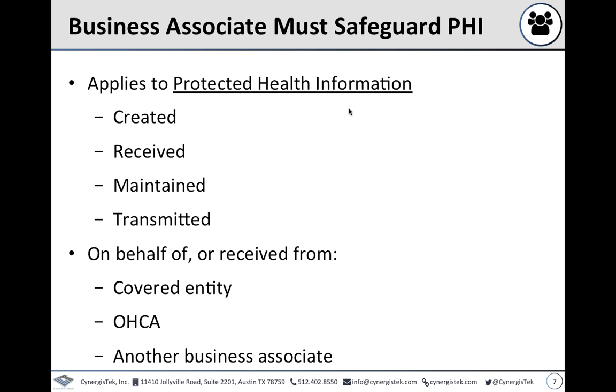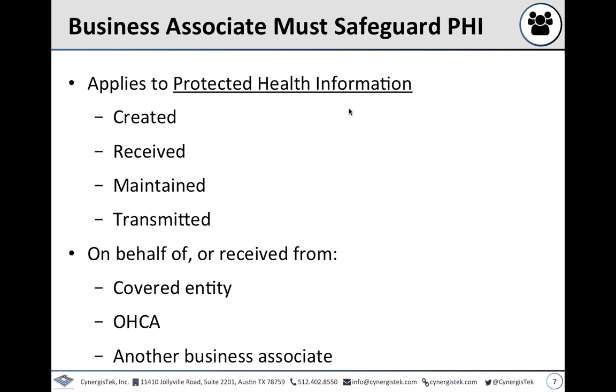And in addition to the functional consideration of who is a business associate, the requirements extend to having to safeguard or protect any protected health information. So that's PHI in its broadest sense, and it's in any form.